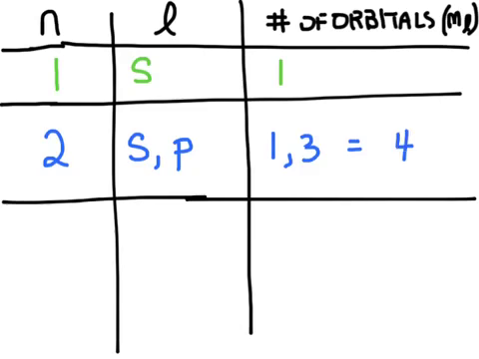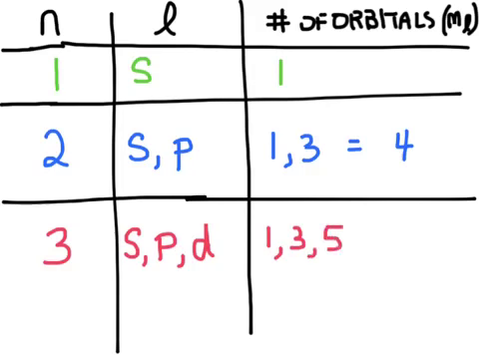Going up to the third energy level, we're going to have s, p, and d. Remember, these are the sublevels, and the s will still just have 1 orbital, the p will have 3, and the d will have 5, so we have 9 different orbitals at this point.